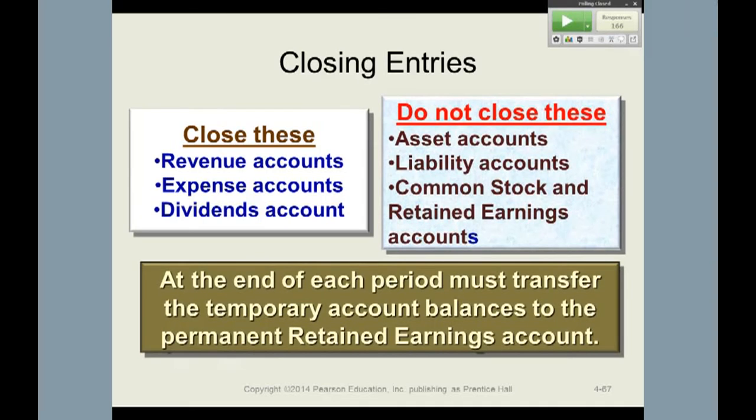And we have another account which we'll call income summary. These accounts are temporary. And so those are your temporary accounts. The only permanent account you have is retained earnings in this example. I mean, you have others, all your balance sheet accounts are permanent.